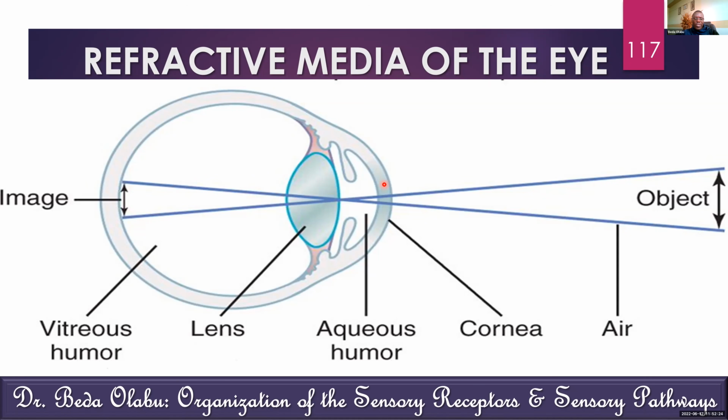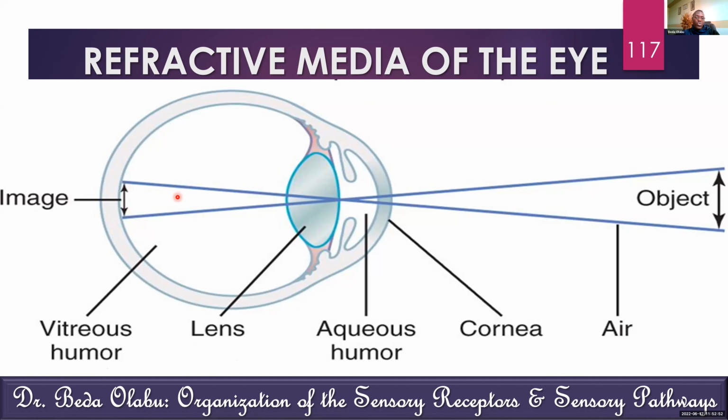And the reason is because at the cornea, we have interchange from gas to solid. So the medium change there will give us the highest refraction, from gas to solid. However, even though most of the refraction occurs at the cornea, the refraction of the cornea, the refraction of the aqueous, and that of the vitreous are fixed.